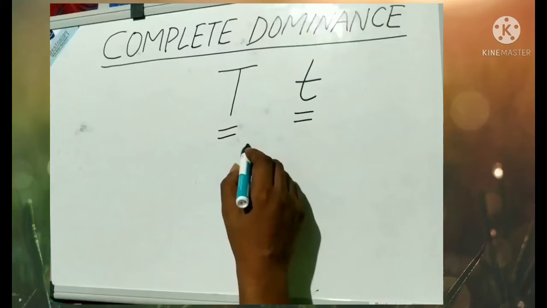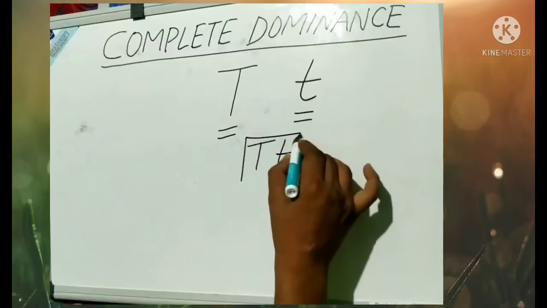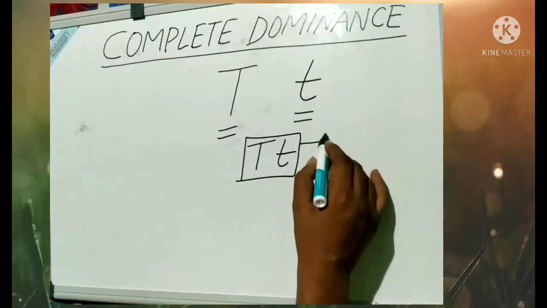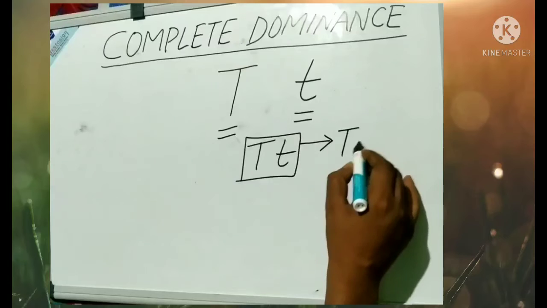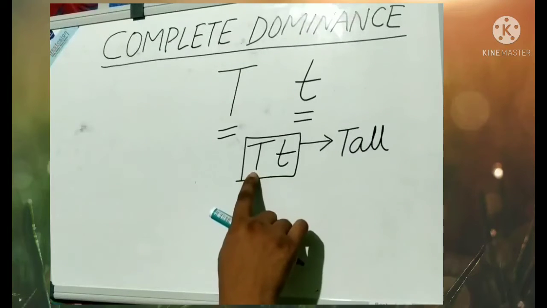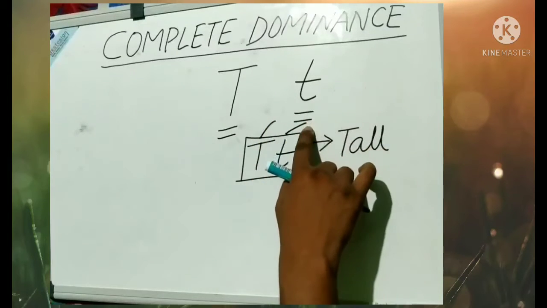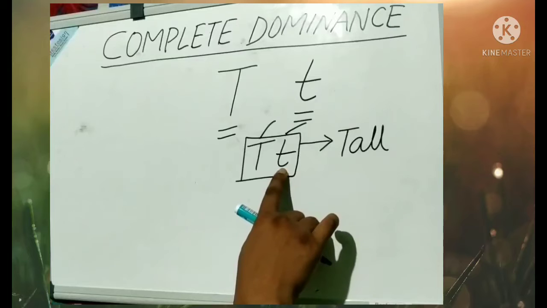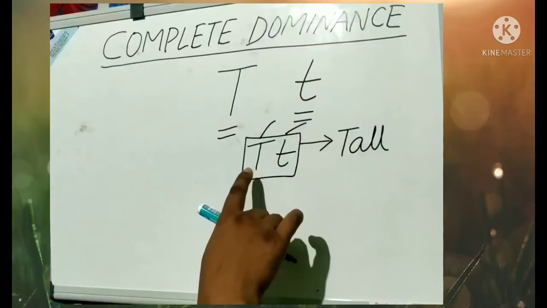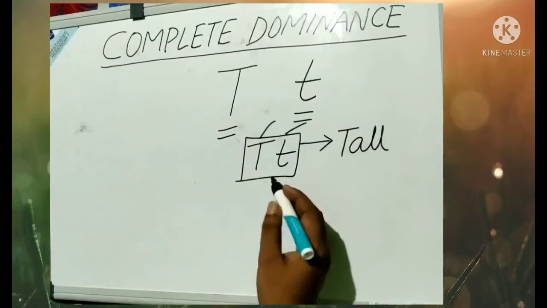For example, if we take a gene with capital T small t, then this genotype will give the phenotype tall. Why? Because capital T is for tallness and small t is for dwarfness. So the dwarf character will not be expressed in the presence of the dominant allele.